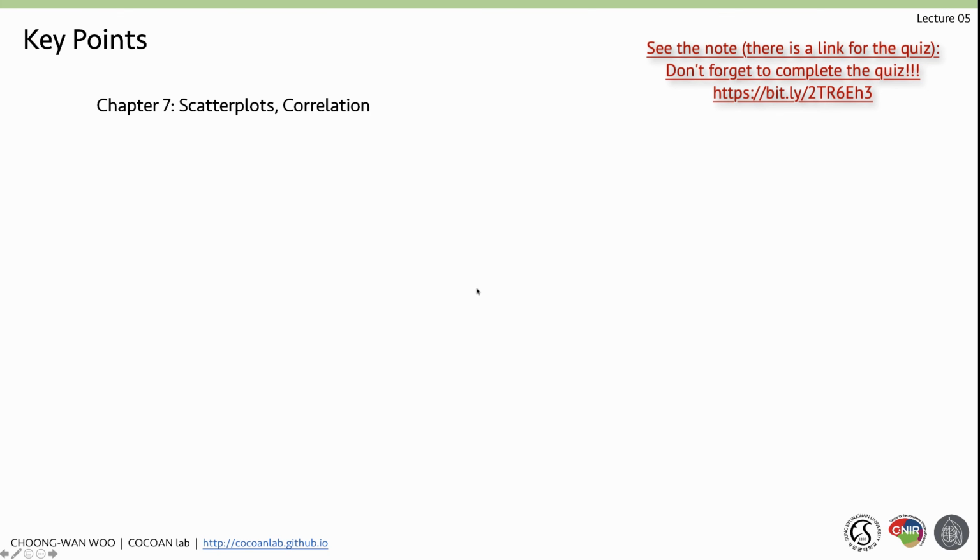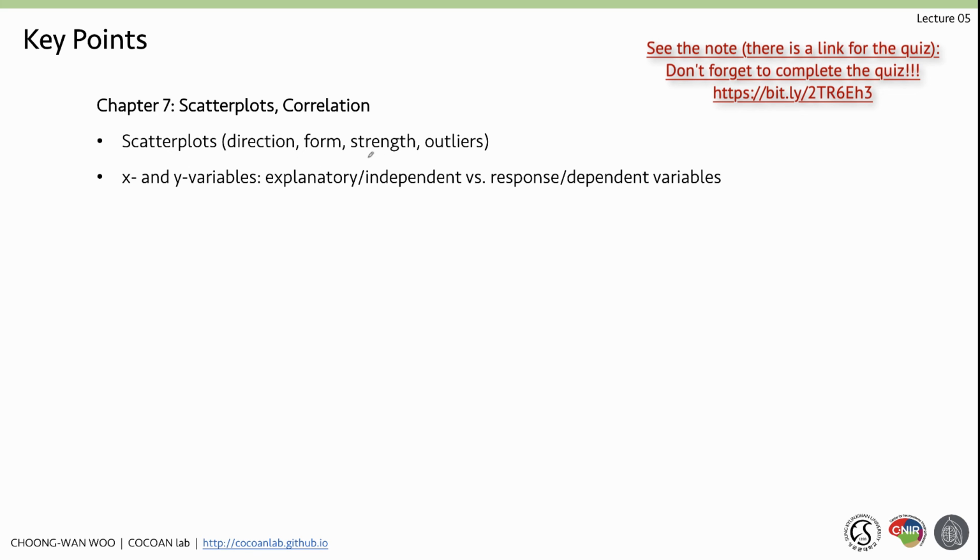Okay, so these are the key points. The scatter plot has direction, form, strength, and outliers. We can look at this by eye, and we talked about x and y variables: we call the x variable explanatory or independent, and the y variable response or dependent.